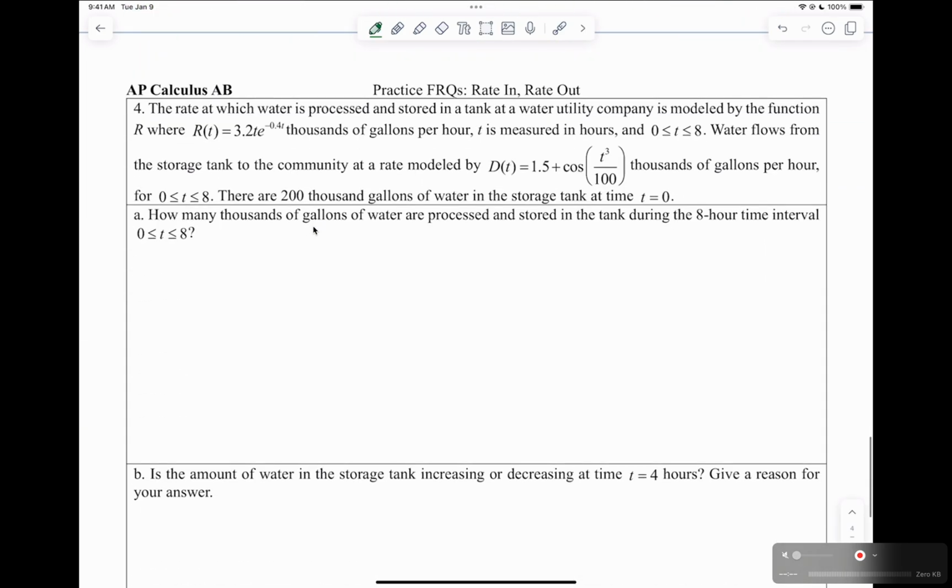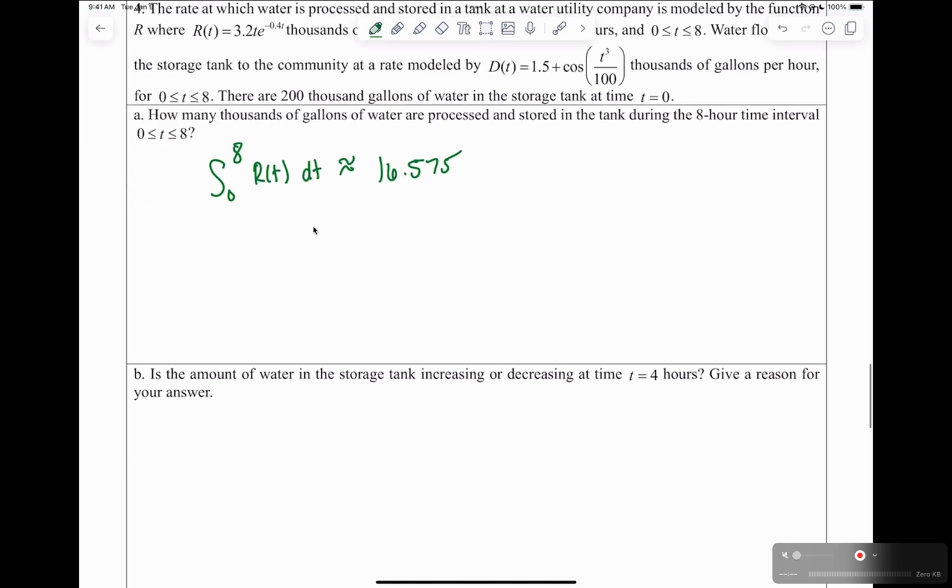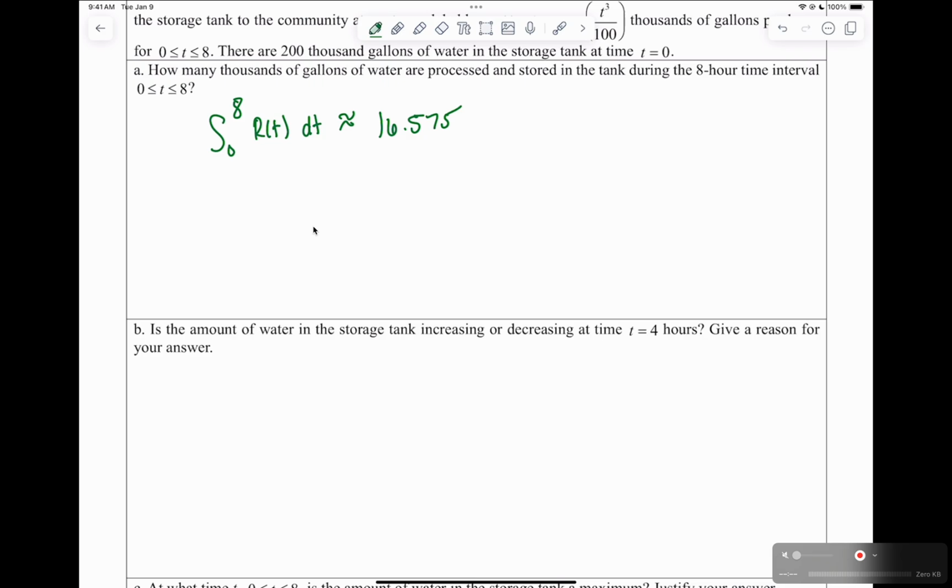All right, for number 4, I'm not going to do all of the work, I'm just going to give you the answers here. So for 4A, this is the integral from 0 to 8 of R(t) dt. That's going to be 16.575. For part B, it's increasing.